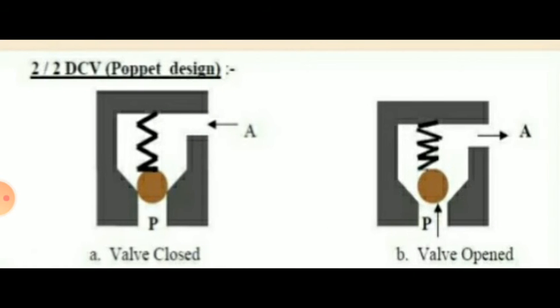So this is a poppet design using the ball. P means it is from the pump, that is, port P is connected to the pump, and A is connected to the application area.